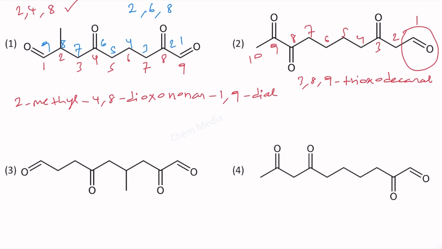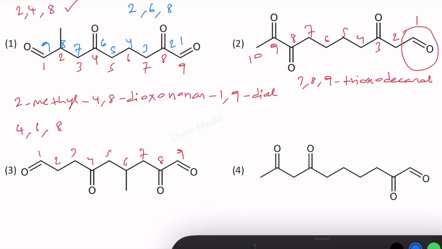Let us work on 3. Let's do the numbering left to right first. 1, 2, 3, 4, 5, 6, 7, 8, 9. And we have our substituents in this case at 4, 6 and 8.